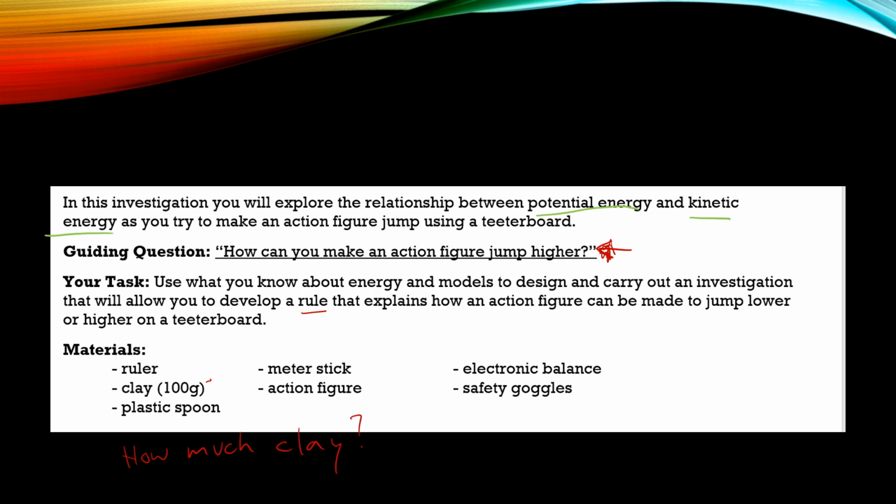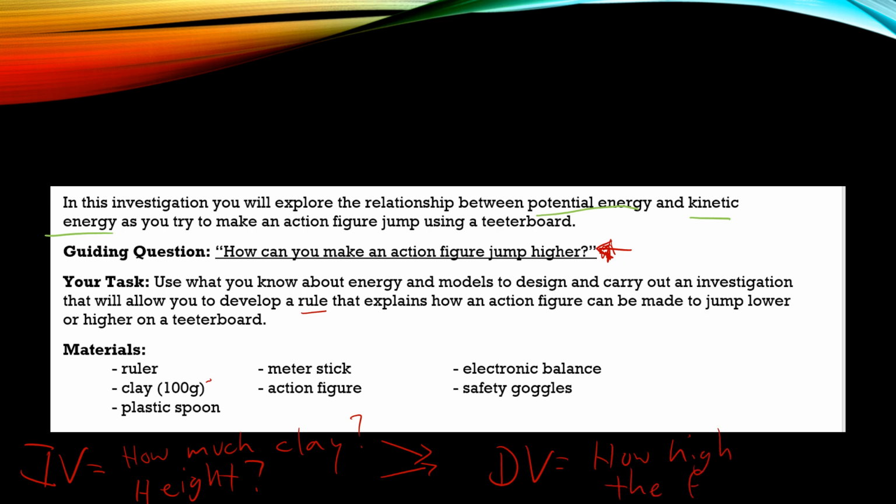A second independent variable is going to be the height at which you drop the clay. Now, depending upon which of these variables you want to focus on, or whether you want to focus on both, the dependent variable is going to be how high the figure flies up, or the figure propels itself into the air.